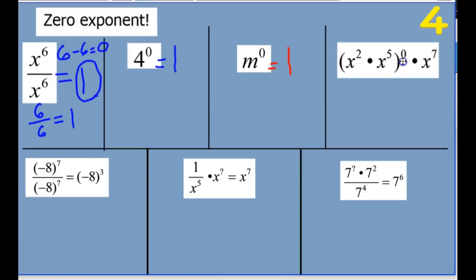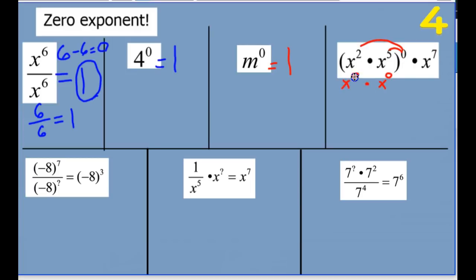Now this problem over here, we have x squared times x to the 5th times 0. This 0 is going to be multiplied to both of these. 0 times 2 is x to the 0. 0 times 5 is x to the 0.